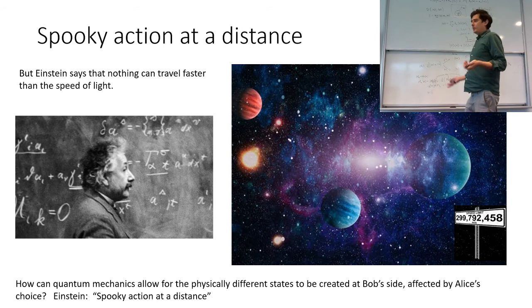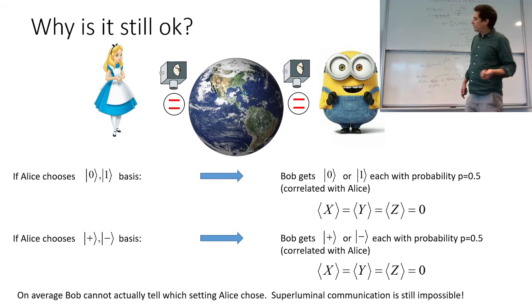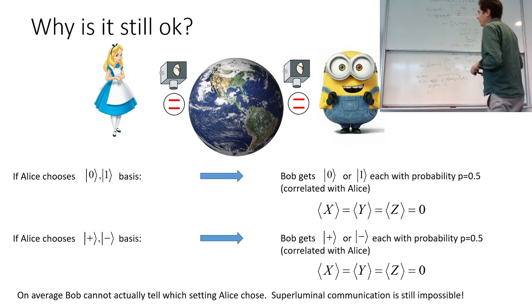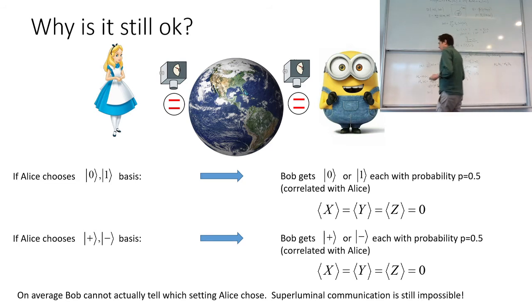So which is right? Is quantum mechanics right, or is Einstein right that nothing can travel faster than the speed of light? Very strangely, they can still coexist, and the way people justify this is to say that, okay, it's true that Alice can influence Bob's state and get 0 and 1.